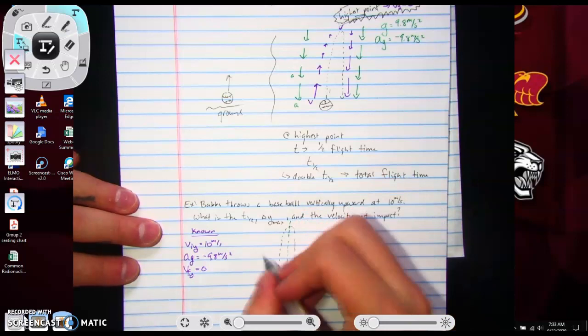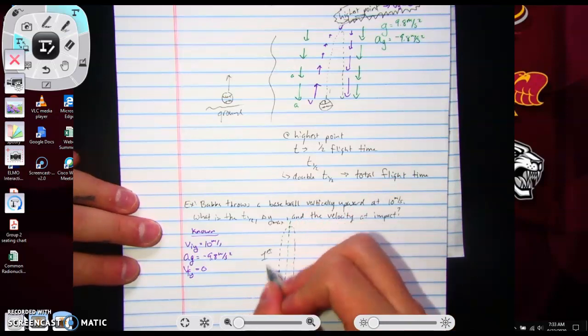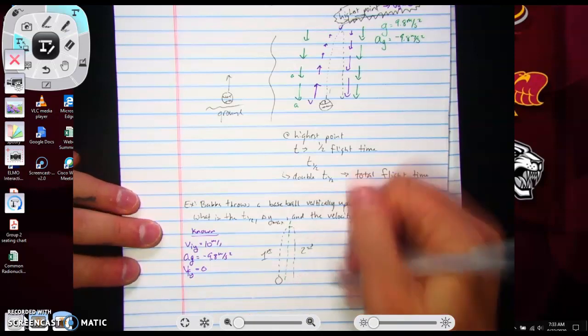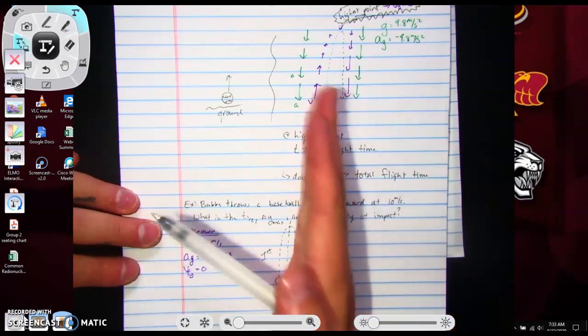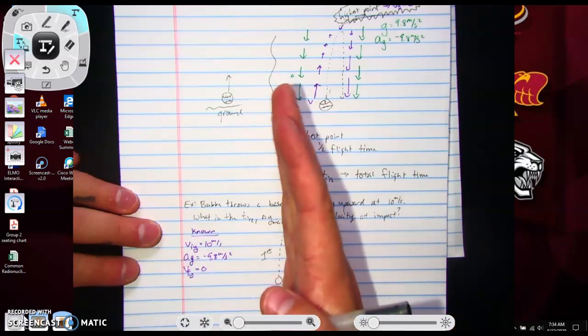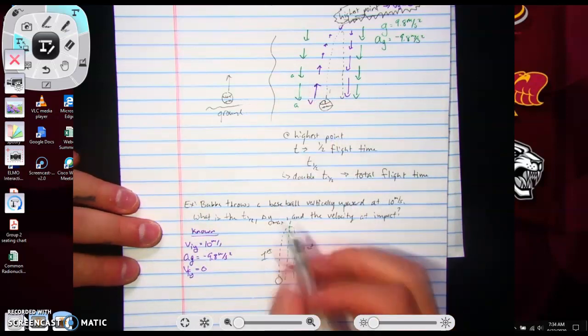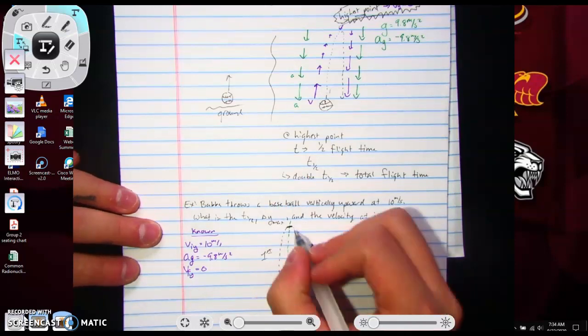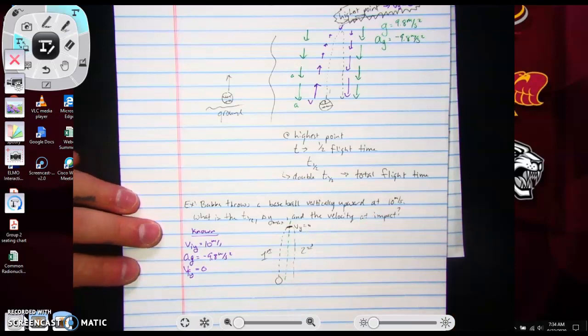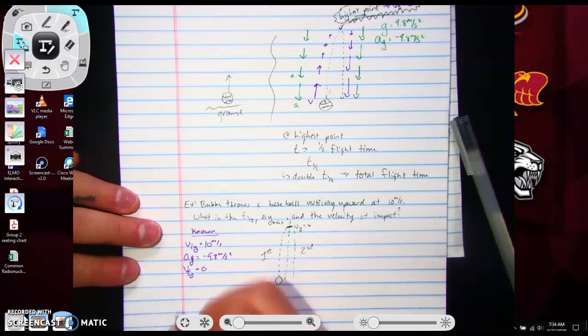I have the first part, which is the going up part, and then the second part, which is the going down part. Okay, so looking at just the going up part, I can state that my final velocity in the y is 0 because at the highest point, v in the y is 0. So there's my knowns.